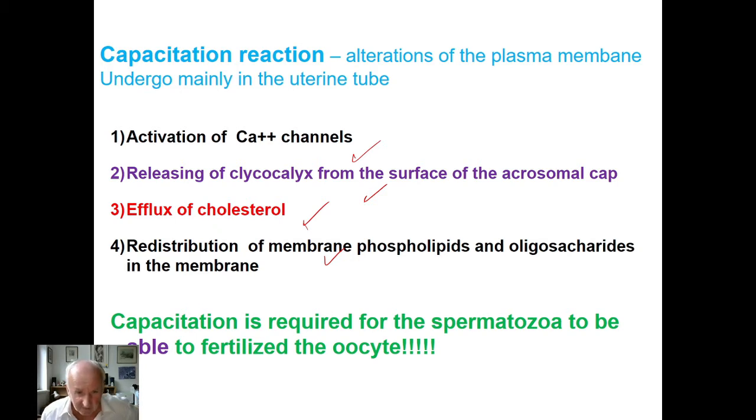Glycocalyx is released. I hope you know that glycocalyx consists of short chains of oligosaccharides, glycolipids, glycoproteins on the surface of the cell membrane. There is a new distribution of phospholipids and oligosaccharides on the membrane. This is the first important thing happening in the uterine tube during the way of the spermatozoa to the oocyte.